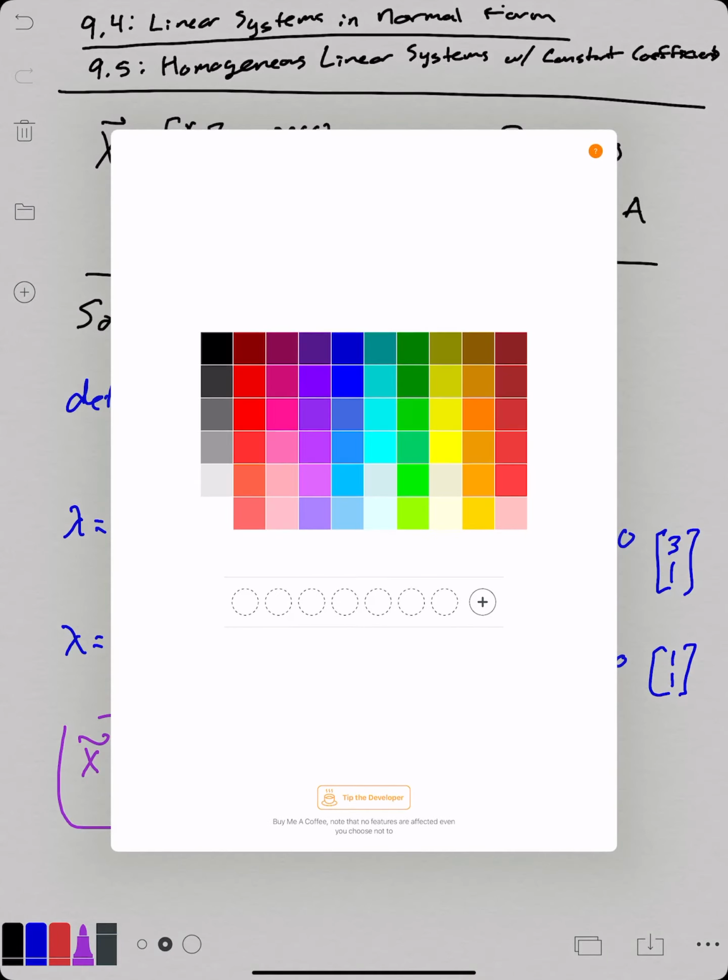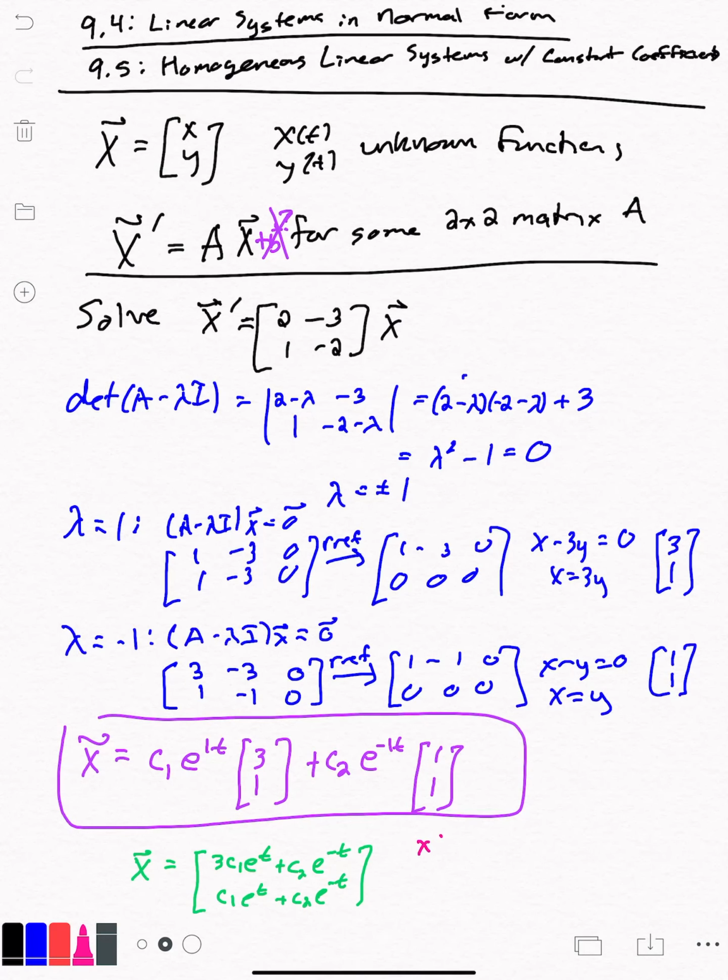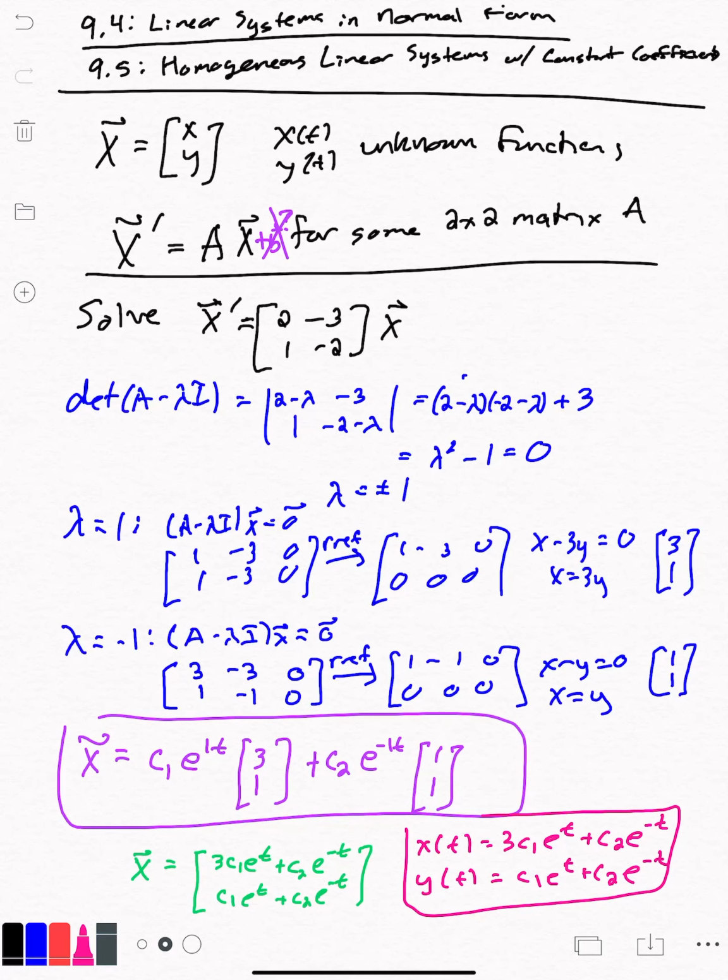Or also equivalently, we could say x of t is 3c1 e to the t plus c2 e to the negative t, and y of t is c1 e to the t plus c2 e to the negative t. And so any of these three ways is a perfectly valid answer to the problem.